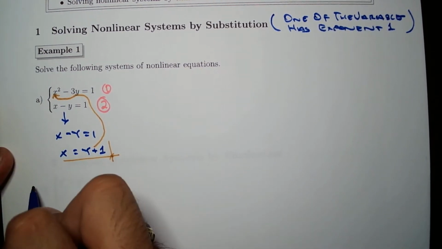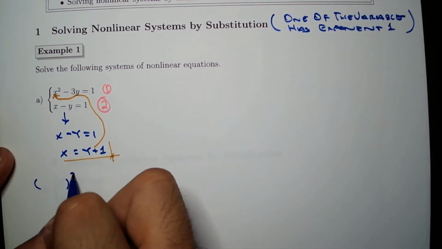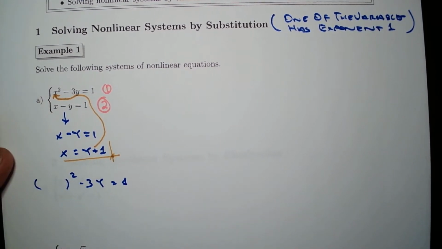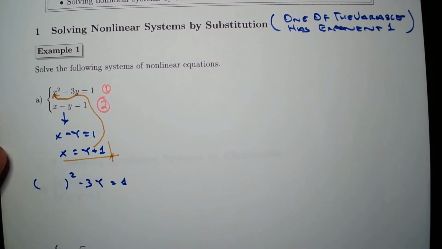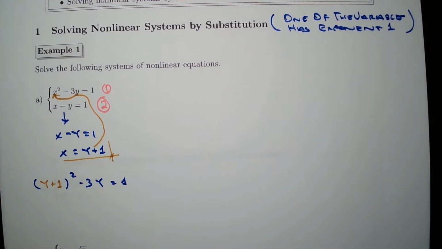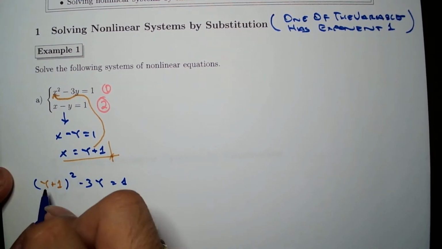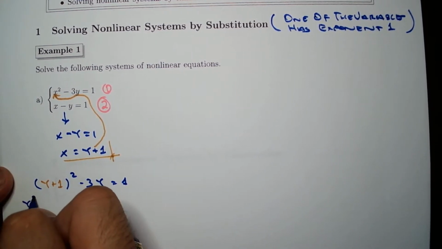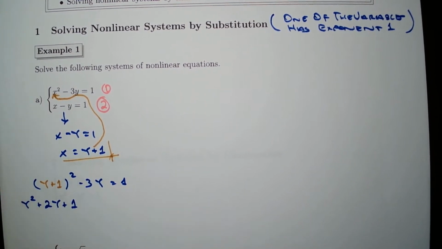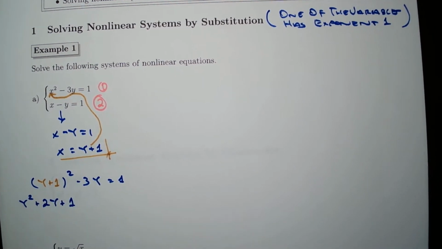So I'm going to write quantity squared, that's x squared minus 3y equals 1. Let's plug in the quantity y plus 1. And so that's y squared plus 2y plus 1. This is a binomial square, so that's the square of the first term, plus 2 times the first and the second, plus the square of the second term.